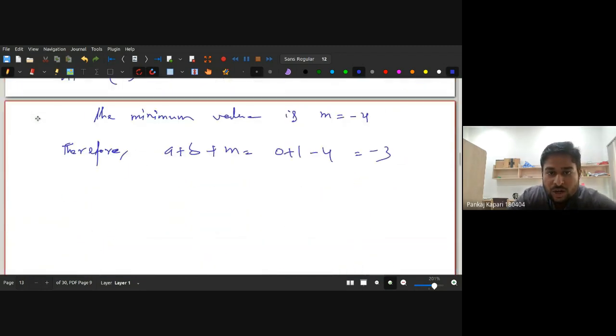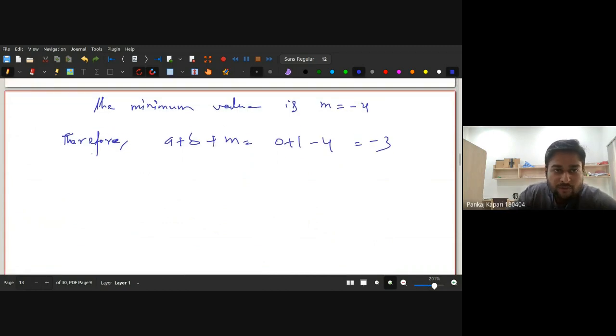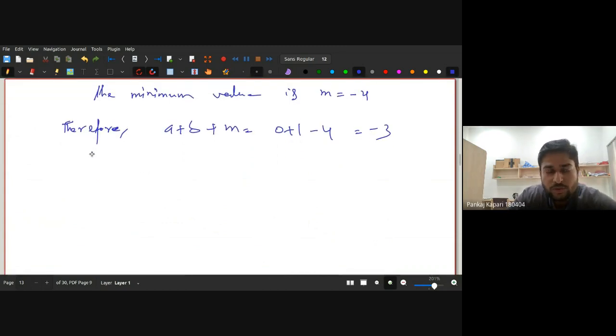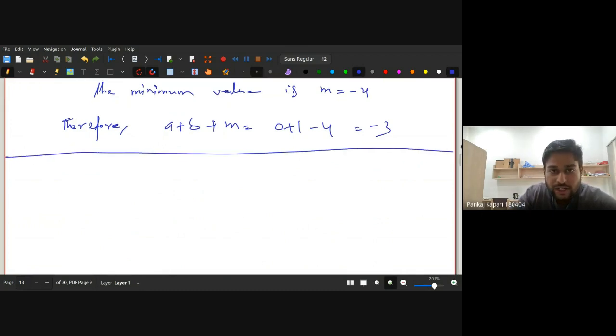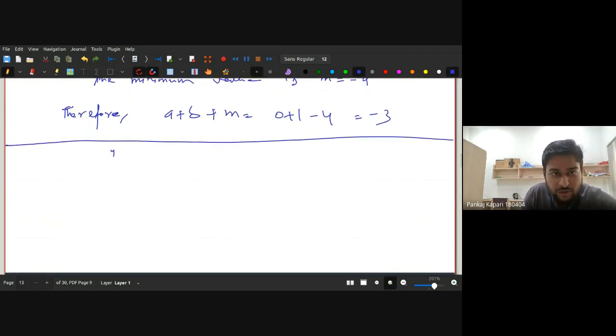So the minimum value of the slope can also be found using the derivative, right? We were finding the minima of this function y prime x, which turned out to be 3x square minus 4. The minima and maxima of a function, if the function is differentiable, always occur at those points where the derivative becomes 0.